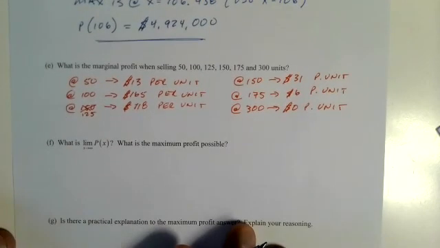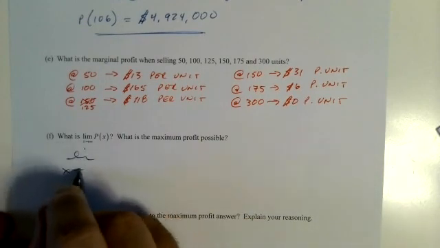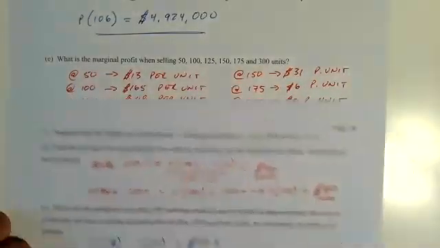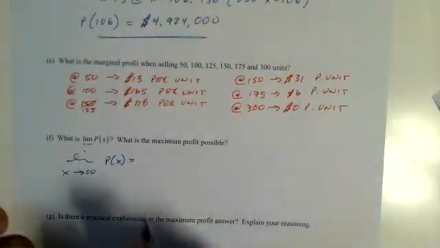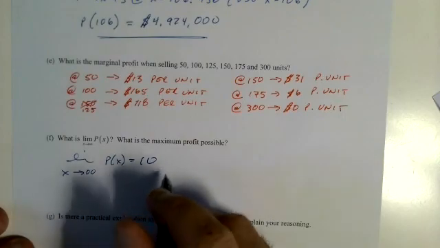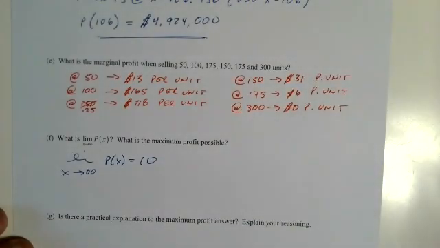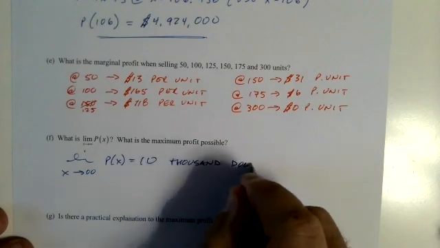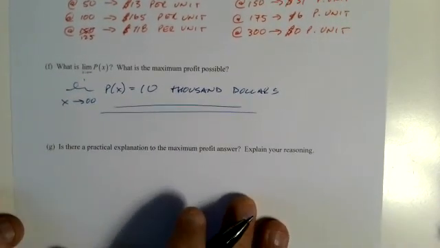What's the limit as x approaches infinity of P of x? That's that asymptote I talked about on the previous page. And actually, when we get to logistic, you'll see it's this number on top. That's the max. And this is in, what do we say it was? Thousands of dollars. Is there a practical explanation?